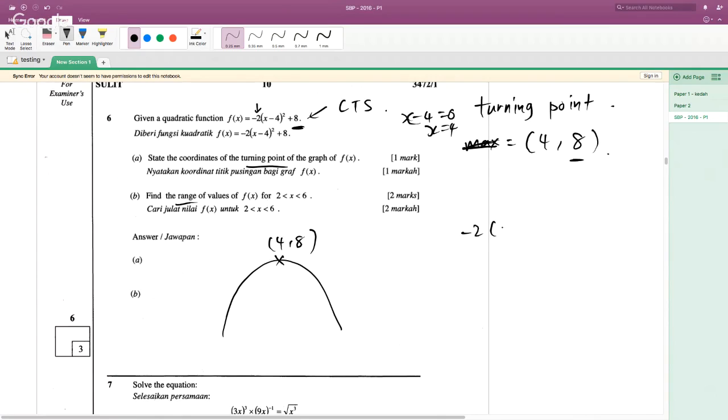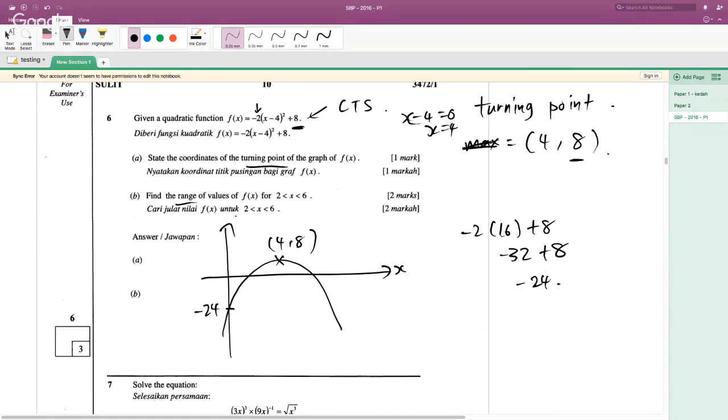So negative 2 times 16 plus 8, that is negative 32 plus 8, so I will get negative 24. So you have something like this, this is the x-axis, and this is the y-axis.